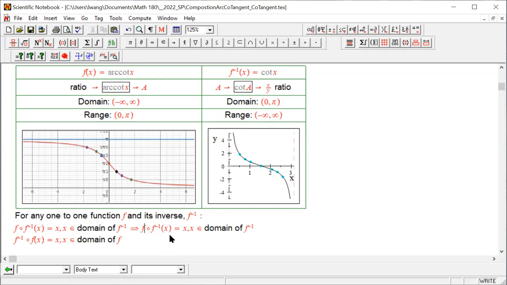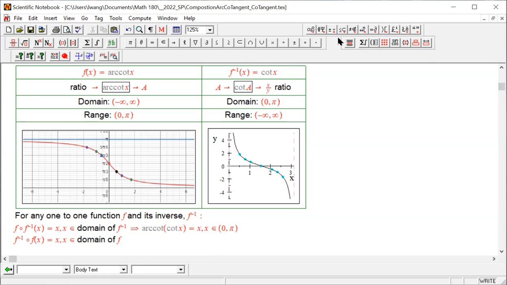F is ArcCotangent, composite its inverse, of course, which is cotangent x, where x is in the domain of F inverse. What's the domain of F inverse? 0 to pi.